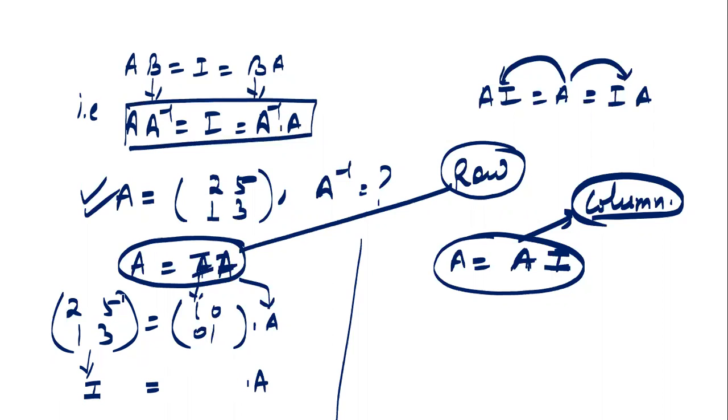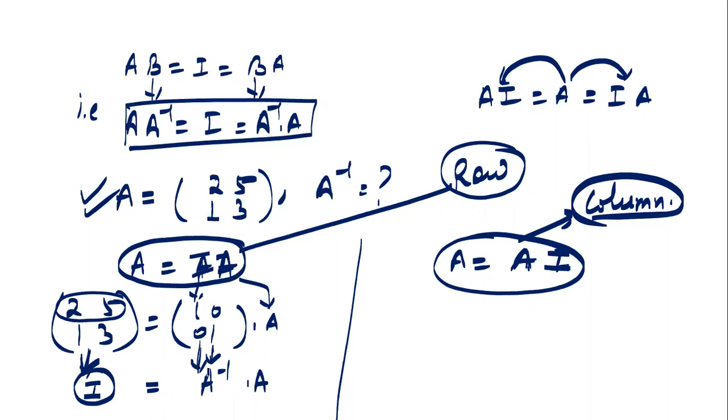The transformation which we will do in LHS, same transformation we will do in RHS. Suppose I want to write R1 equal R1 plus R2. The transformation which I apply in LHS, same transformation we apply in RHS, and ultimately this will become identity matrix and this will become some square matrix.